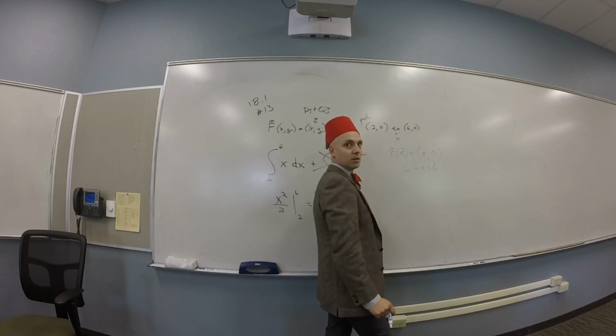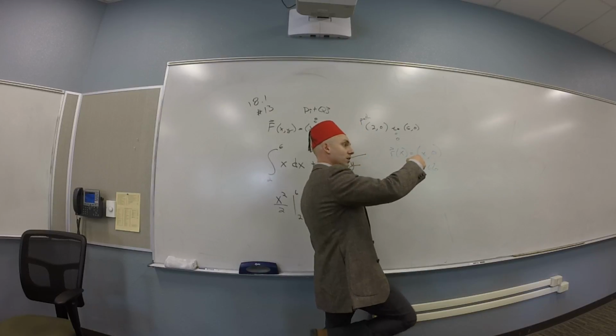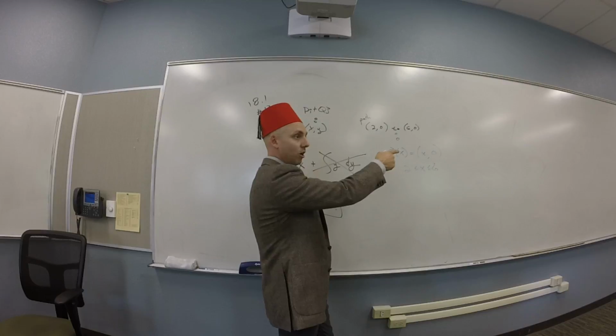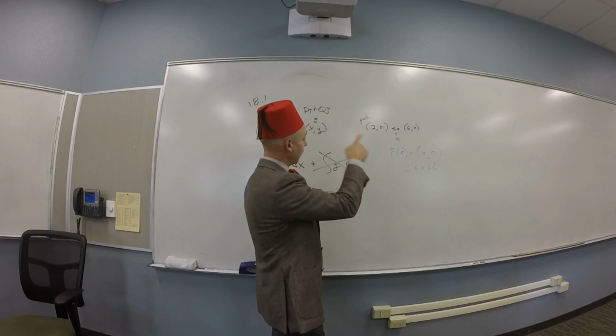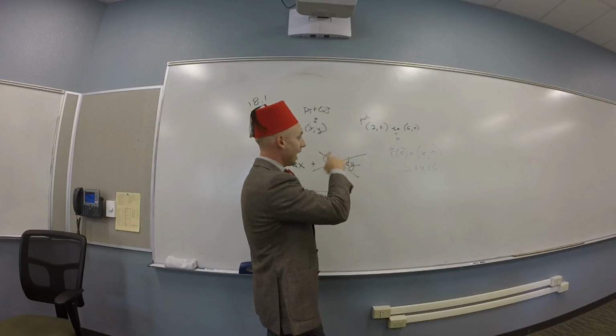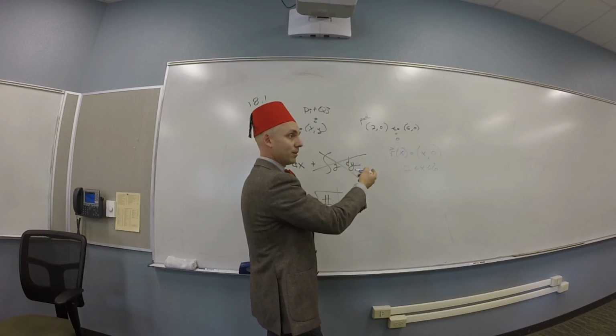You guys with me on that? And then r prime is just the vector 1 comma 0, and F of r of t is x comma 0.